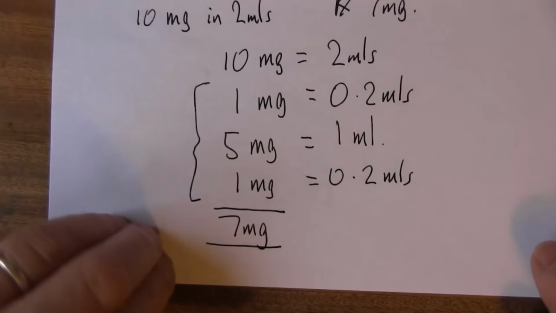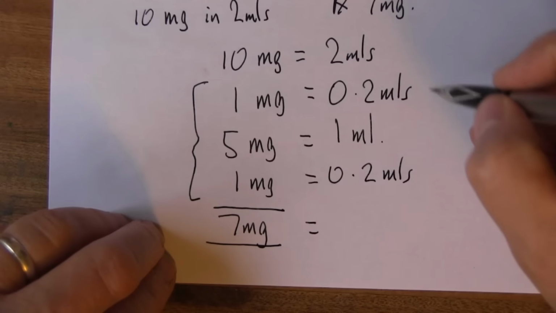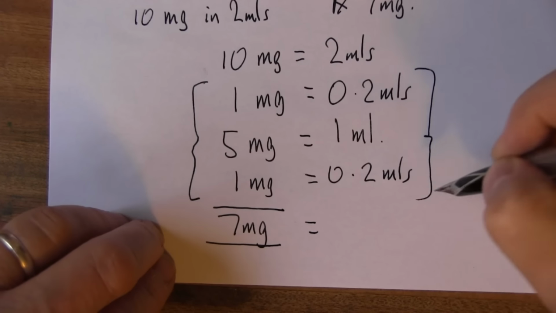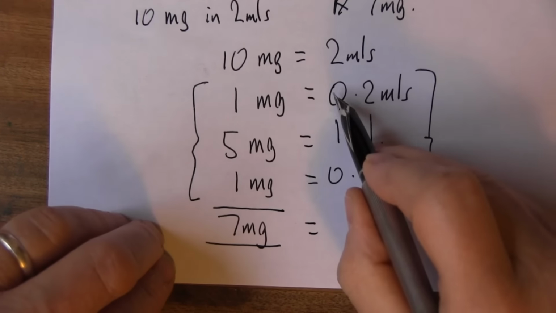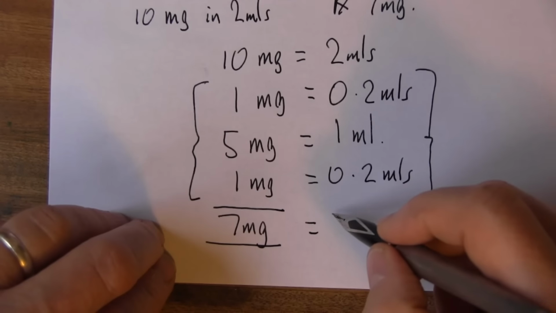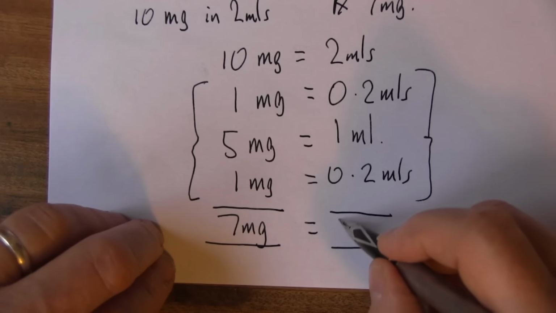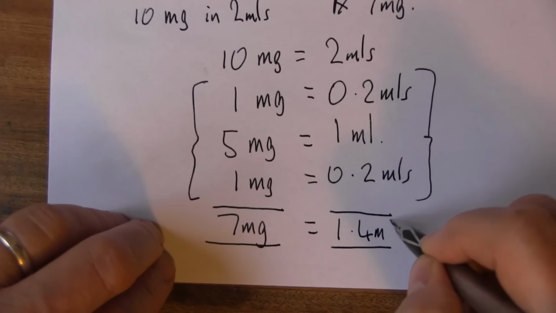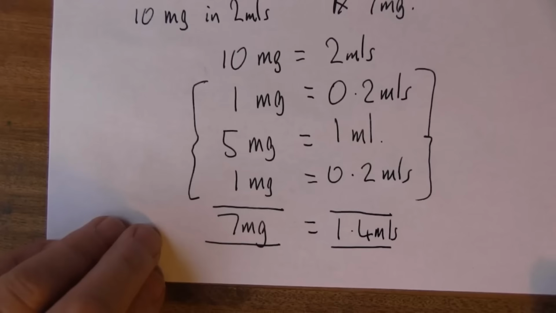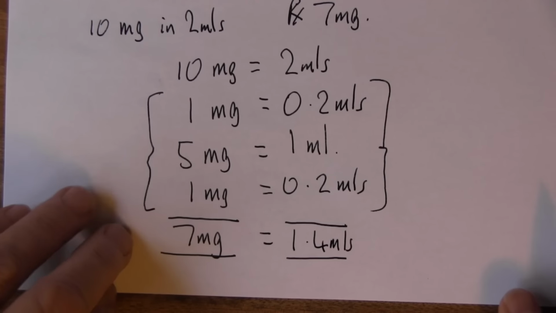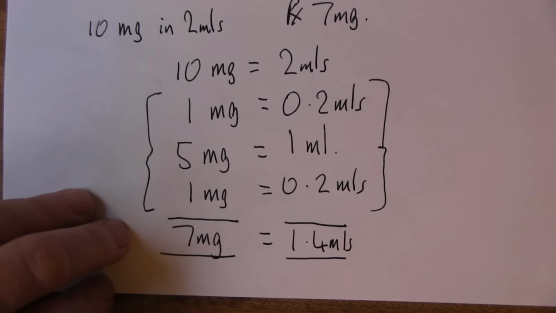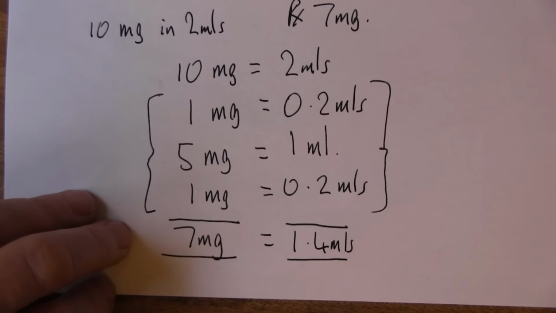But I need to know what volume that's in. So that's going to equal these volumes here. So that's going to be 1 plus 0.2 plus 0.2. And that is 1.4 mils. So 7 milligrams I can see, and I'm now certain, is 1.4 mils.